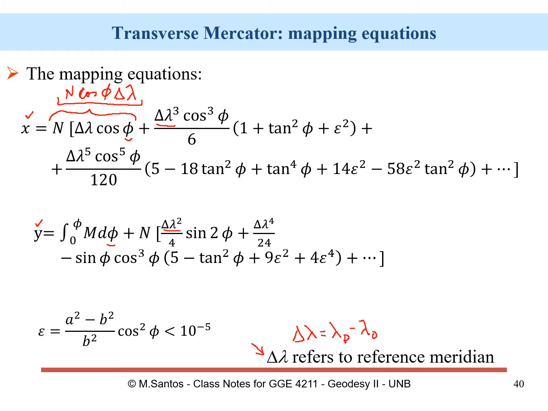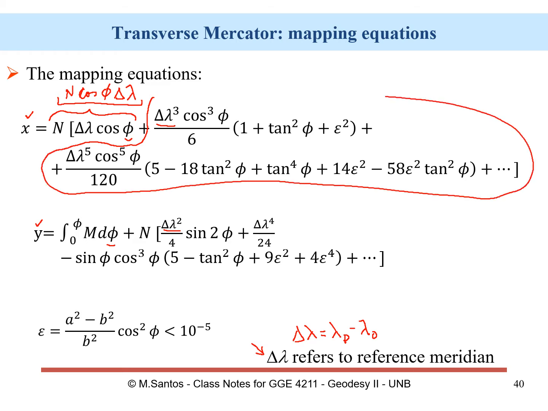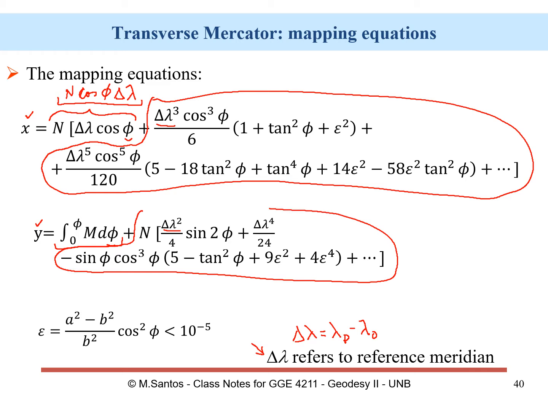And then we have all the rest as a correction for that. For the y component, this is the expression M delta phi. We have seen that also. This is an arc of meridian. And then we have all the other terms that are correction for that.